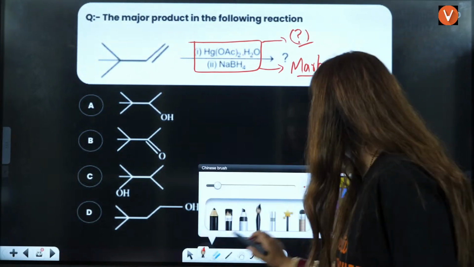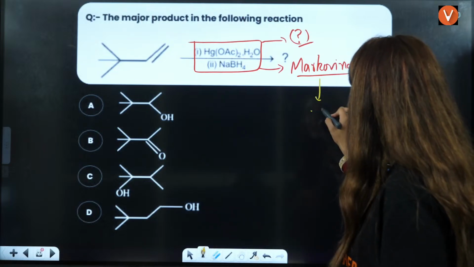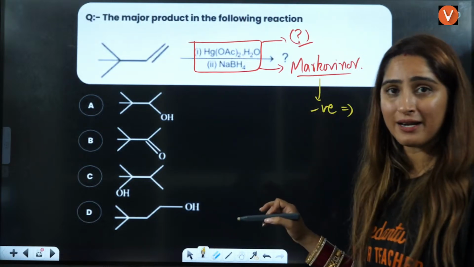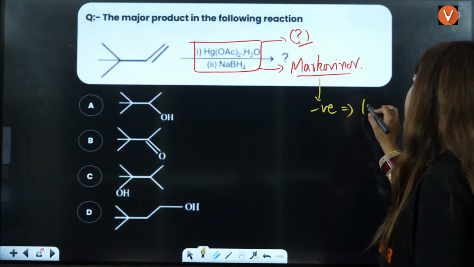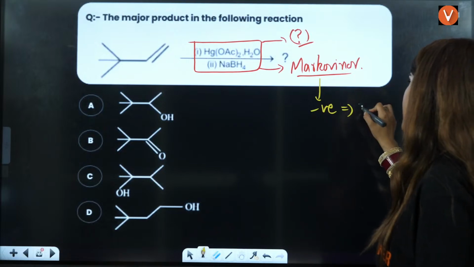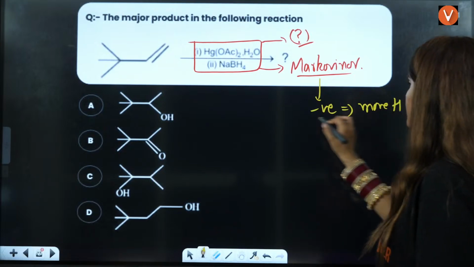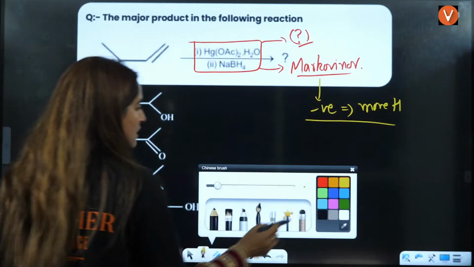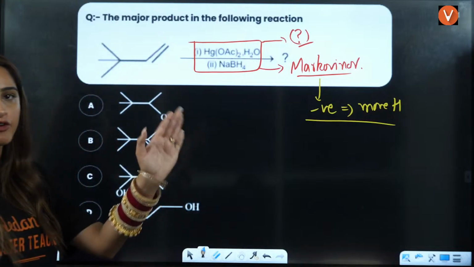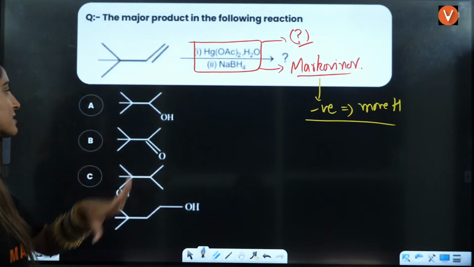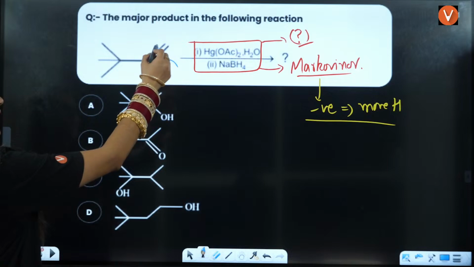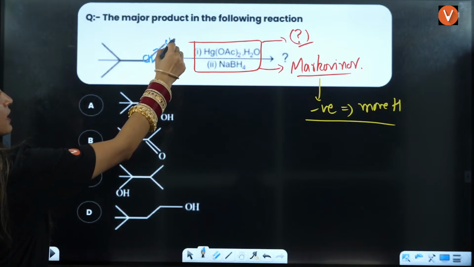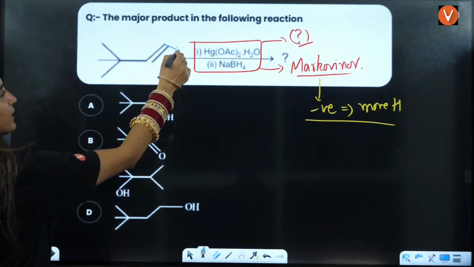So Markovnikov rule means the negative part will be attached to the carbon with the lesser number of hydrogens. Break this double bond here directly. You don't have to form any carbocation. So break this double bond and attach it. This will be CH, this will be CH2. So OH will be attached here.